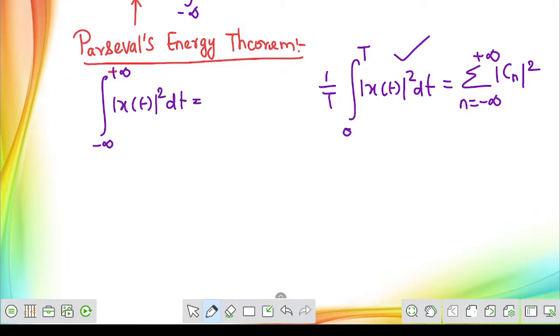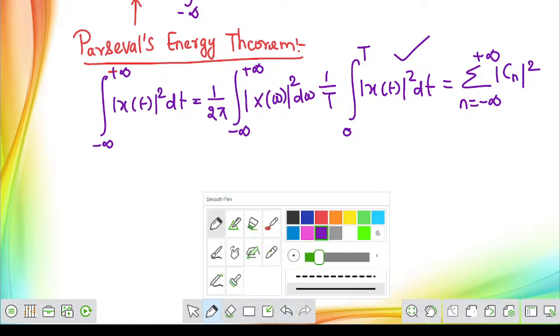Its equivalent value in the frequency domain is 1 upon 2 pi integral from minus infinity to plus infinity of mod of x of omega whole square into d omega. That is the property. You must remember this.